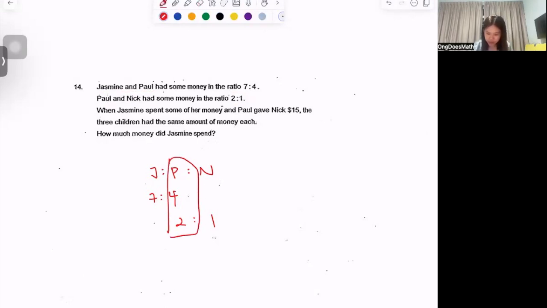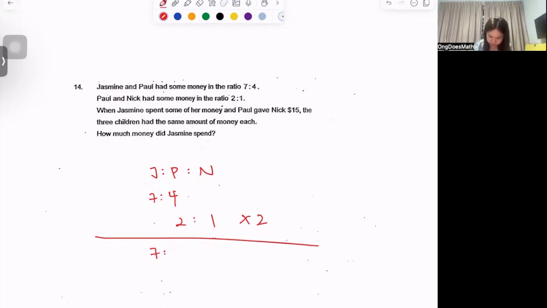So let's try to make Paul the same in both scenario 1 and 2. And the lowest common multiple between 4 and 2 is 4. So this one whole thing just times 2. So there's no changes to Jasmine. Jasmine will be 7. Paul will be 2 times 2, which is just 4. And Nick will be 1 times 2, which is 2. Good.